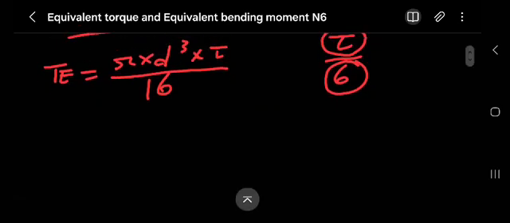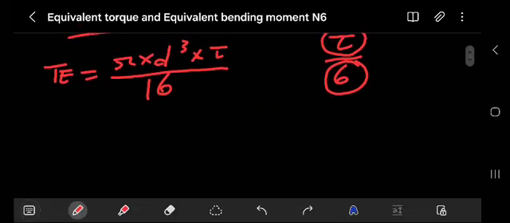All right, this is crazy, but I know the formula of ME. ME is simply equal to pi d raised to the power of 3, right, since it's a solid shaft.